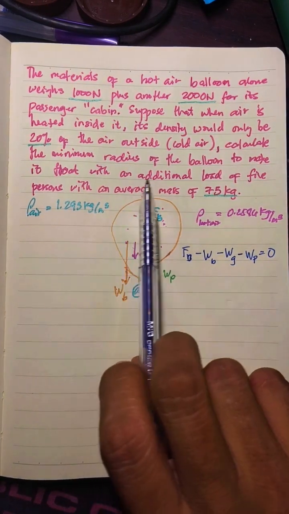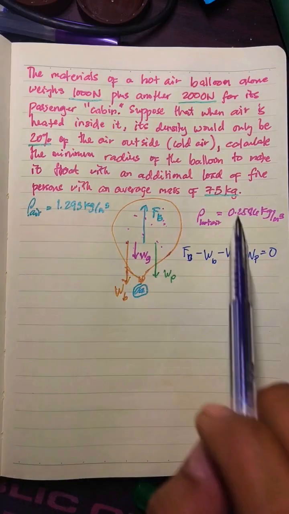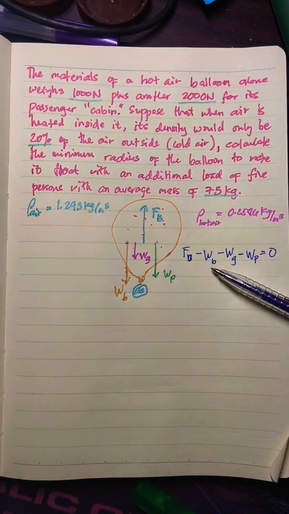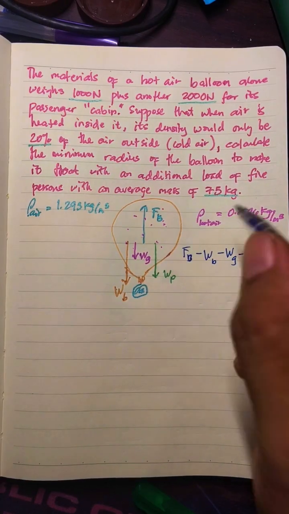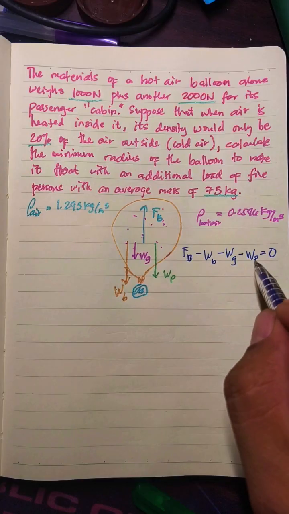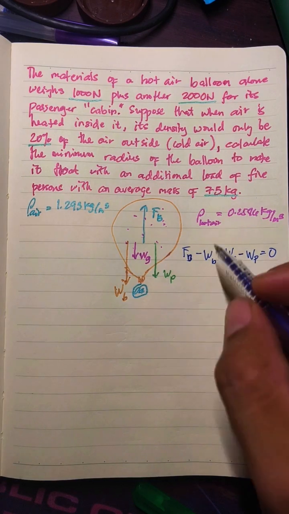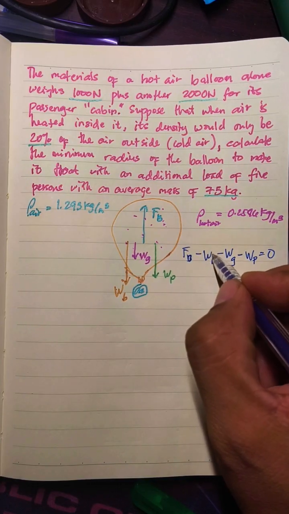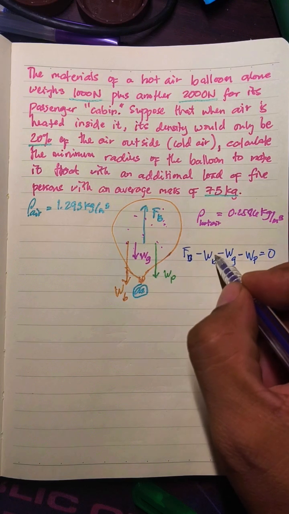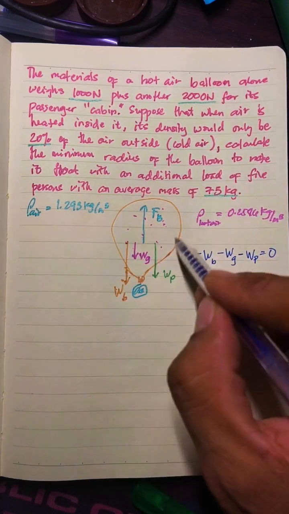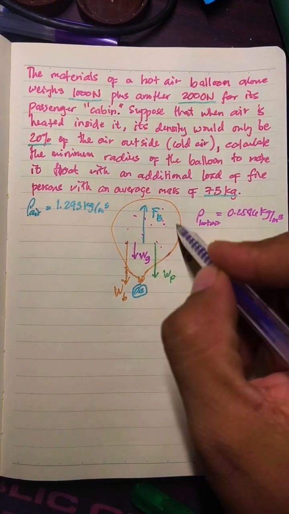Here, we are being asked to calculate the minimum radius. Where can we get that? Notice that, remember, which among these terms will be dependent on the radius? Of course that would be the weight of the gas, because the weight of the materials alone is not dependent on the shape of the balloon.